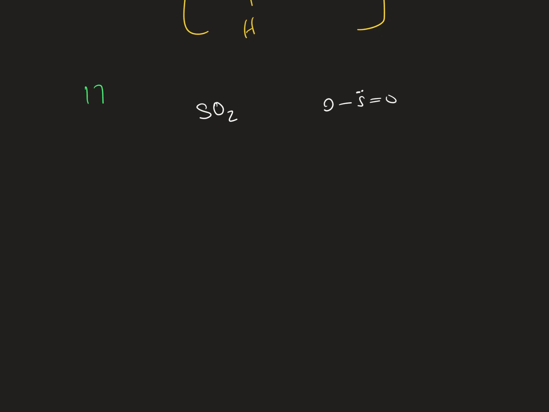It's going to be like that. How many regions do we have? 3. So the electron geometry is trigonal planar. It's going to look like this. What's the molecular geometry? Bent, because for molecular geometry we're just looking at the bonded atoms. We good?